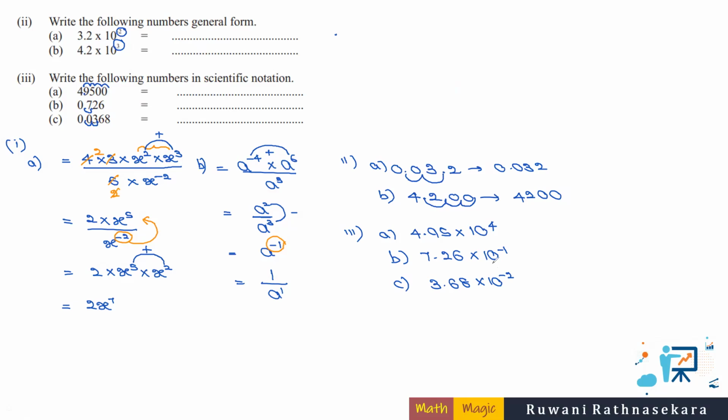Remember, if it's a 0 point value, like 0.726, 0.0368, the power will always be negative. If it's a value more than 1, it's going to be a positive index.